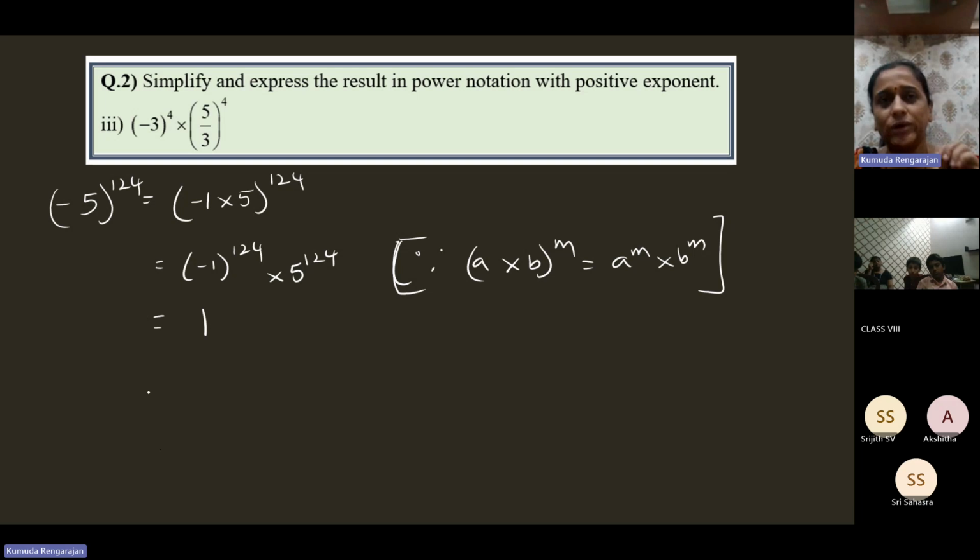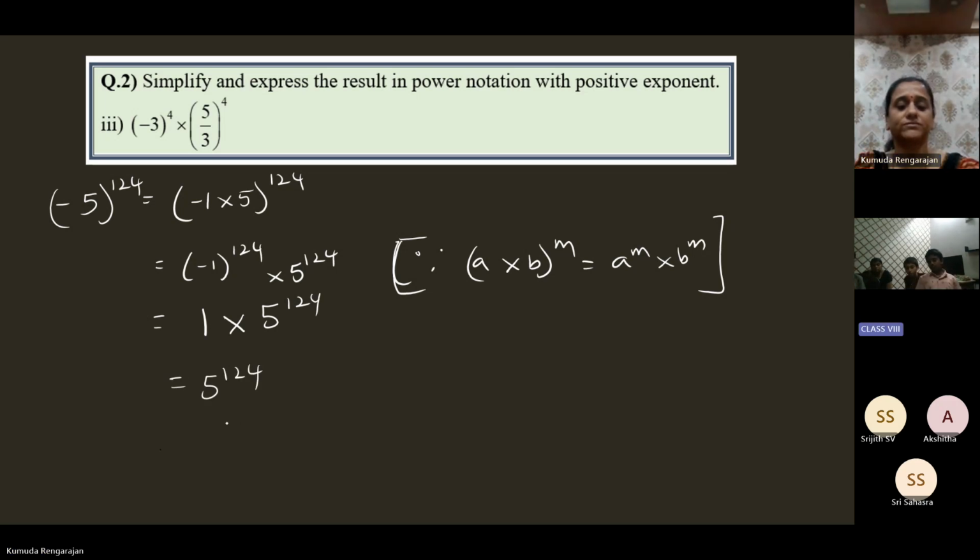So when you have 124 negative signs, 2 negative signs, minus into minus is plus. So when you have an even number of minus signs, plus will be the final result. So this is plus 1 into 5 to the power 124, which is nothing but 5 to the power 124. Yes, ma'am. Let's just make a note of this.